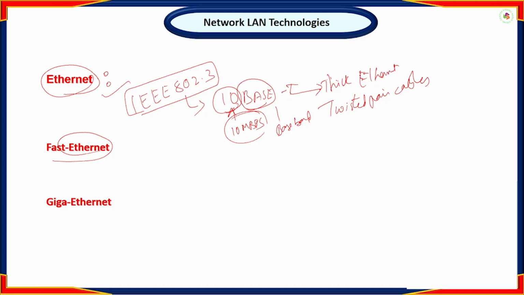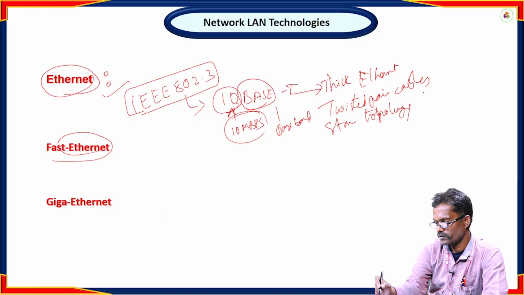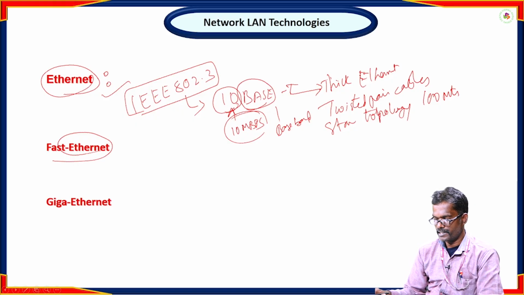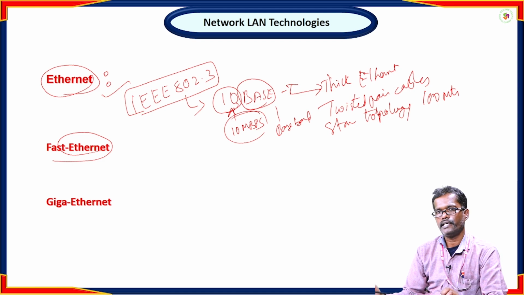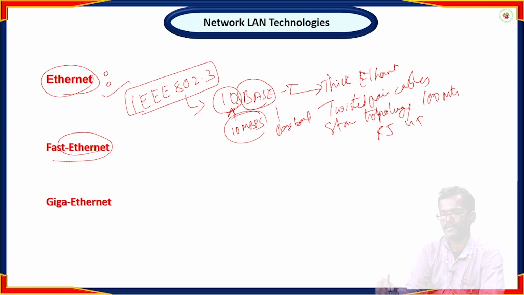The topology used in this Ethernet is star topology, with a length of up to 100 meters at that speed. And also the RJ45 cable connector will be used here.